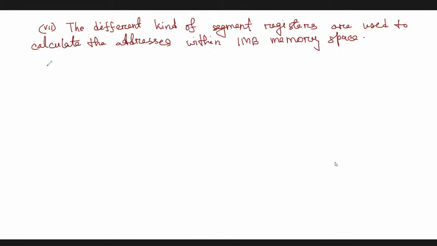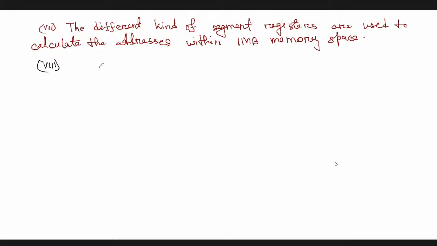Then point number 8. To calculate an address, you need 2 registers. One register cannot hold the total address. You need at least 2, because the address is 20 bit, and each register is 16 bit, right?